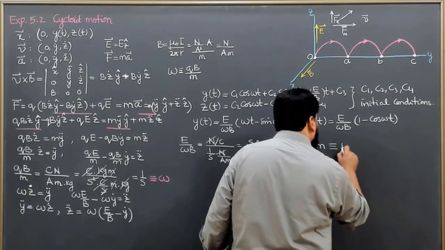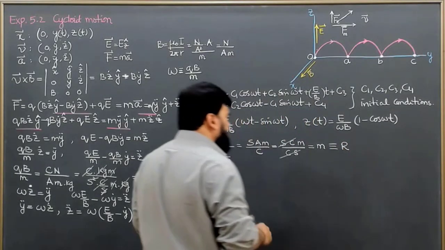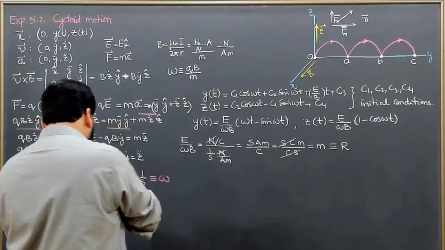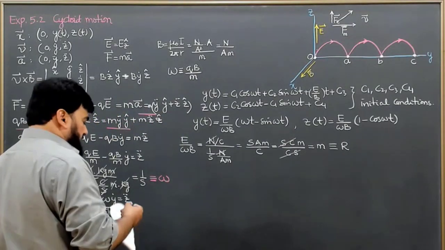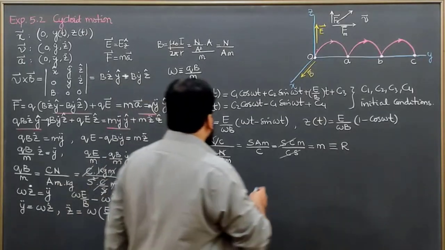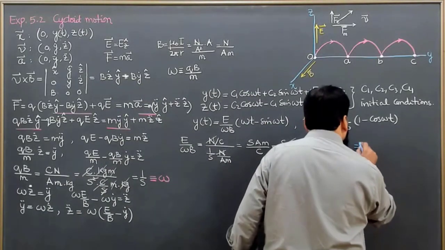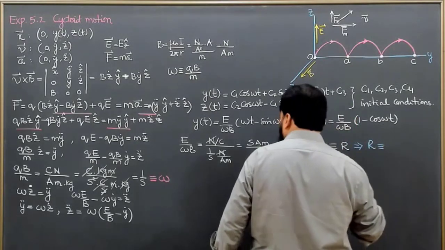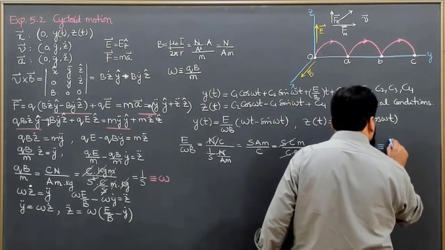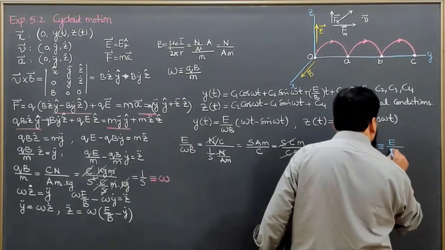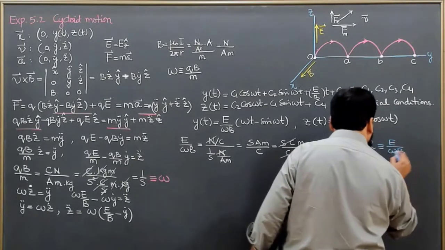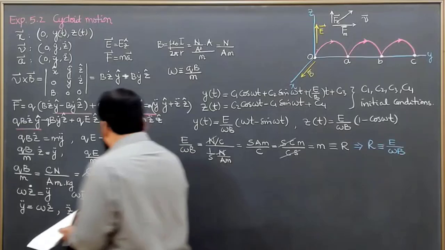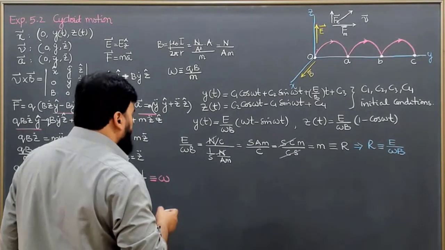We define this as r, because we have no other length dimension here but r. So I can write that the radius of the circle is E over omega B, and our equation will get a decent shape.